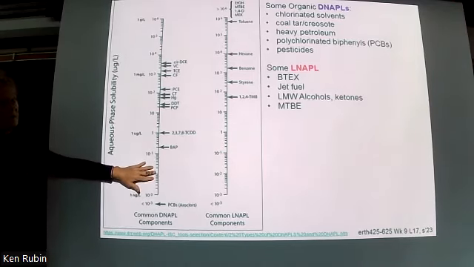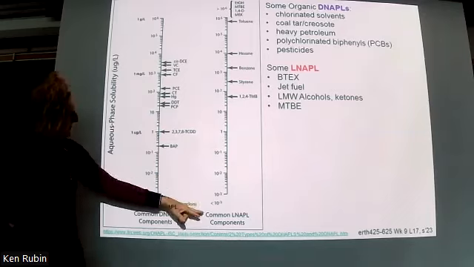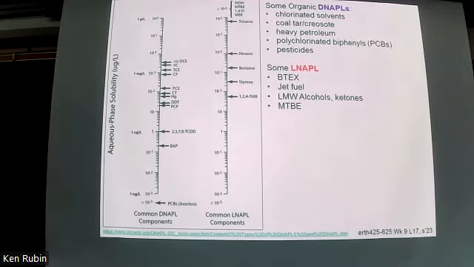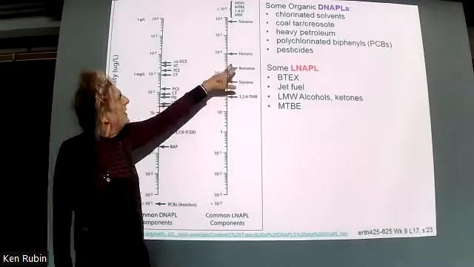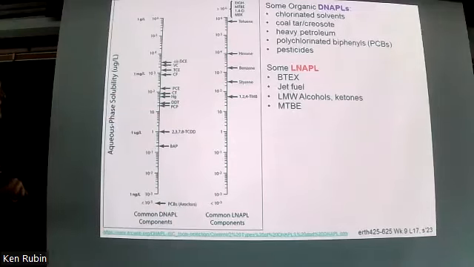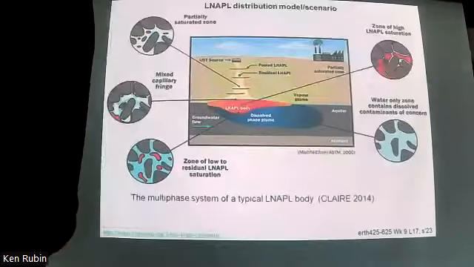These things all sink below the water table and dissolve to varying amounts. And then we have these common LNAPLs, these things that float on top. And again, we're going to talk about some of these today, including benzene and toluene, which are two of the three BTEX chemicals. And so, like I say, it's important to recognize that there are a range of behaviors, even if we call something a NAPL.